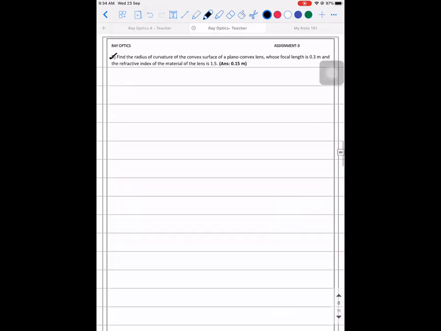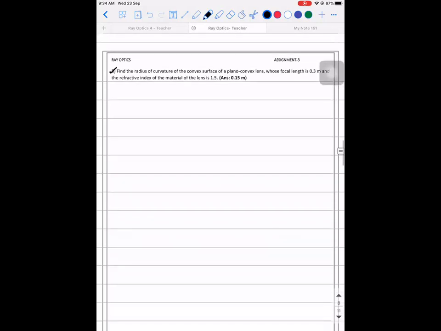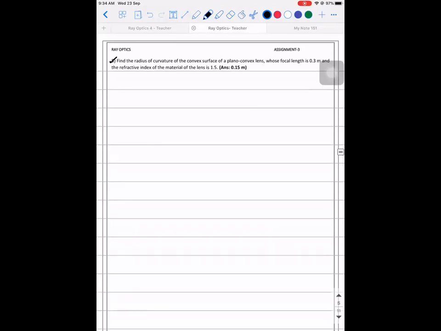Okay, let's do it. Find the radius of curvature of the convex surface of a plano convex lens whose focal length is 0.3 meter and the refractive index of the material of the lens is 1.5.